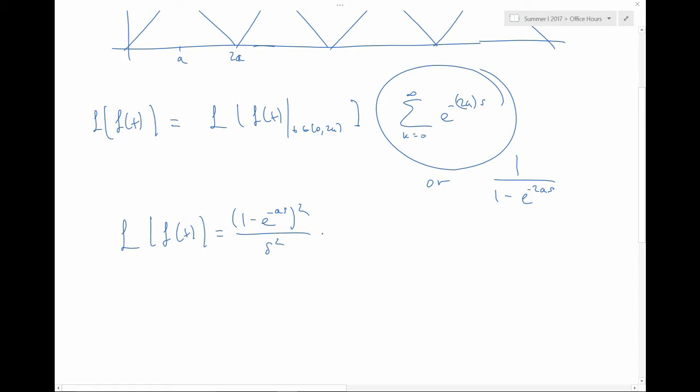But then you have to multiply by either this fraction, or I would prefer the summation of e to the minus 2as k. Correction, there's k inside.